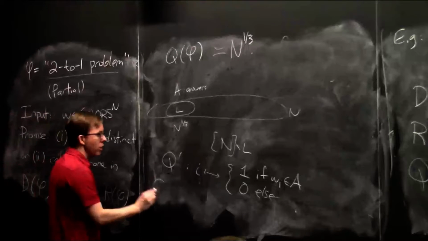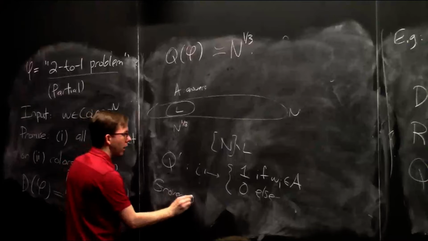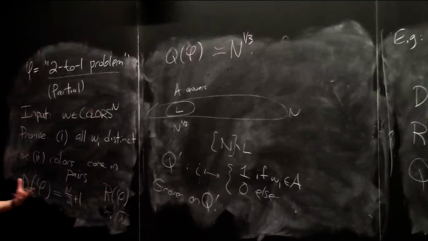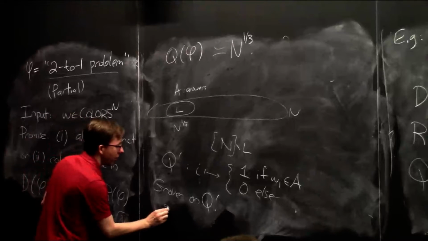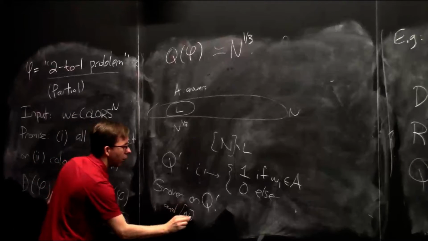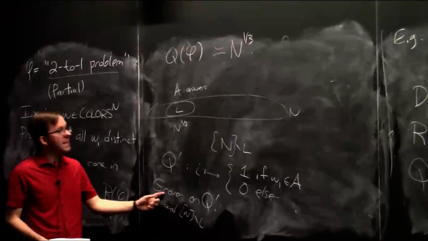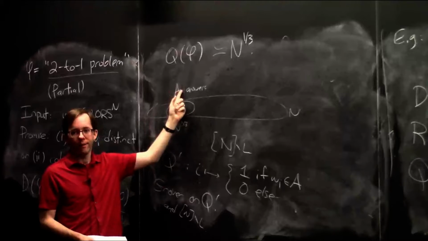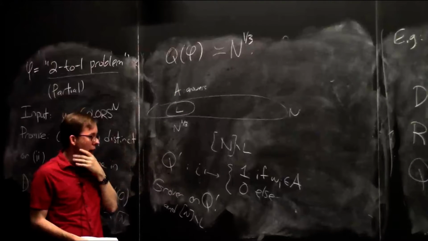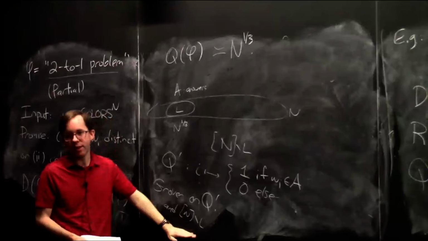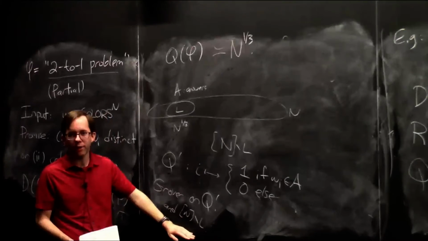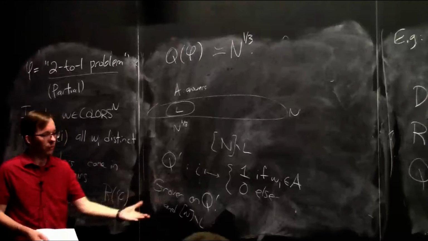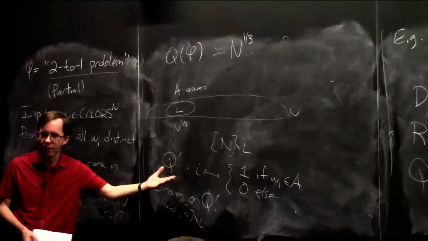OK, so you can build this new oracle. And now you do Grover's search on Q prime. And I should say, over the coordinates in n take away L. So you're trying to see if there exists any other position that has a color that's in A. Getting the OR gives you the correct answer. Because if they're all distinct, all these queries will be no. And if they're not all distinct, there'll be a lot of yeses.